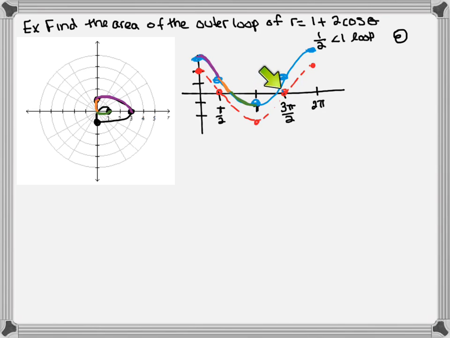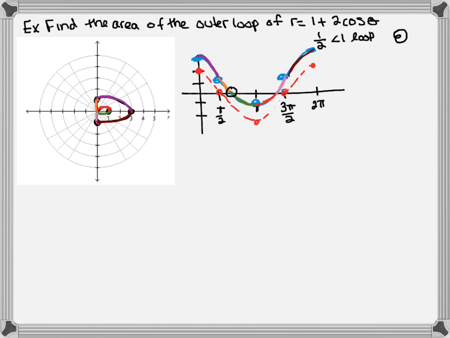From pi to 0, so from here it's going to go to that. So if we look at this area right here, this area of the circle represents the inner loop. Okay, that represents this inner loop. These two areas represent the outer loops.